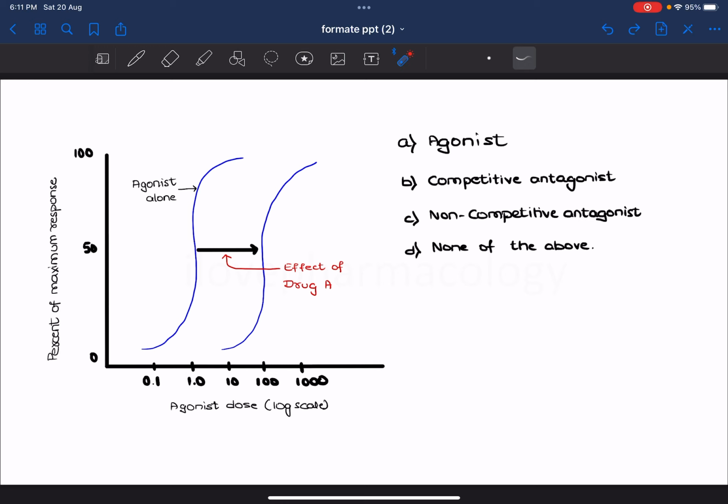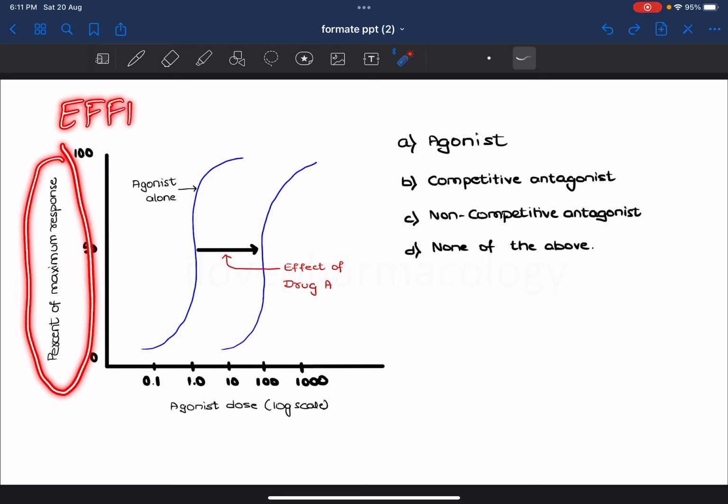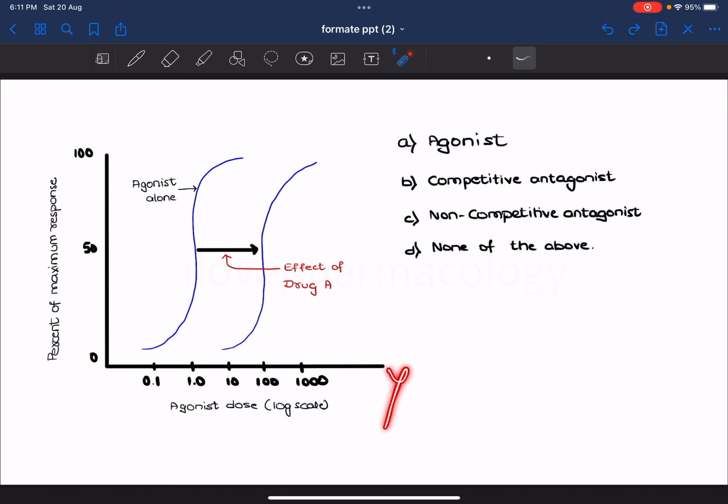So please remember, in this diagram you can make a note of the x-axis and y-axis. X-axis represents the percent of maximal response, which tells us about the efficacy, whereas on the y-axis you can see the agonist dose, which tells us about the potency.